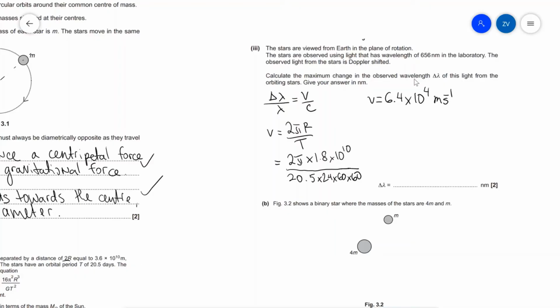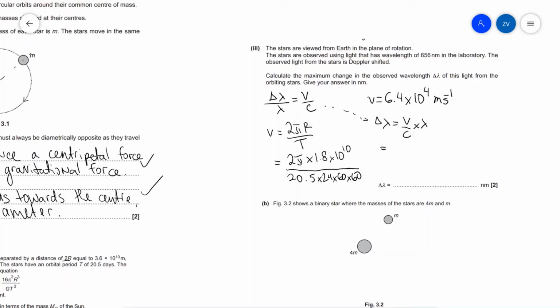So now we are ready to rearrange this equation for the change in wavelength. Okay, so I'm just going to take that equation and rearrange it for delta lambda, and delta lambda will be equal to v over c times the wavelength in the laboratory.